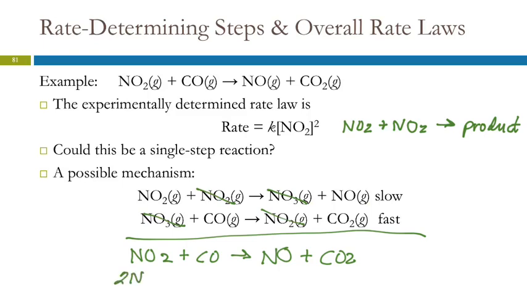I end up with 2 NO2 plus CO, forming NO2 plus NO plus CO2. So this reaction, as we've written it here, is using 2 moles of NO2, but then it's also producing 1 mole of NO2. So the net result is it only used 1.